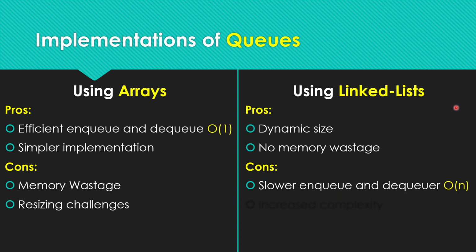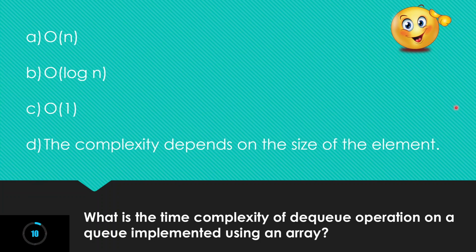Of course, it is slower when it comes to enqueue and dequeue operations, because that is an O of n operation. We have to traverse the list, for example, in order to add an item at the very end of the linked list. And then, of course, implementing using a linked list is normally a bit complex when it comes to writing that particular code. So another challenge for you, so give it a try.